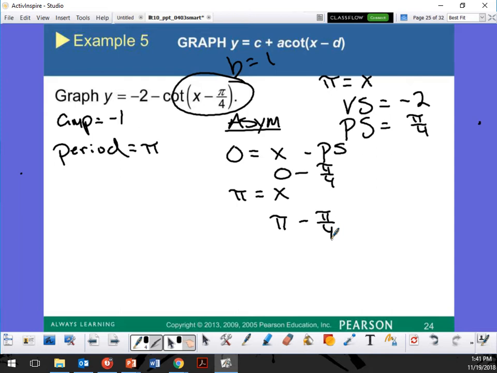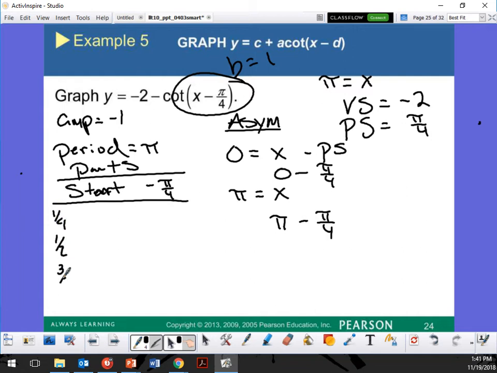So because of that, I'm going to have negative pi over 4, and pi minus pi over 4 is 3 pi over 4.